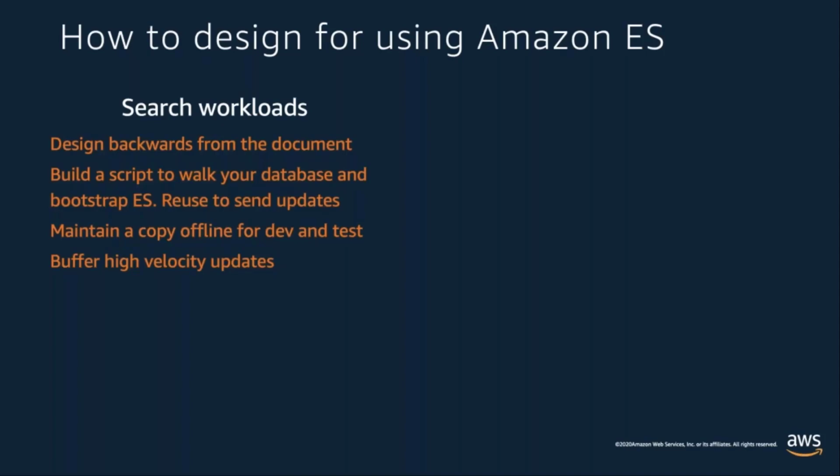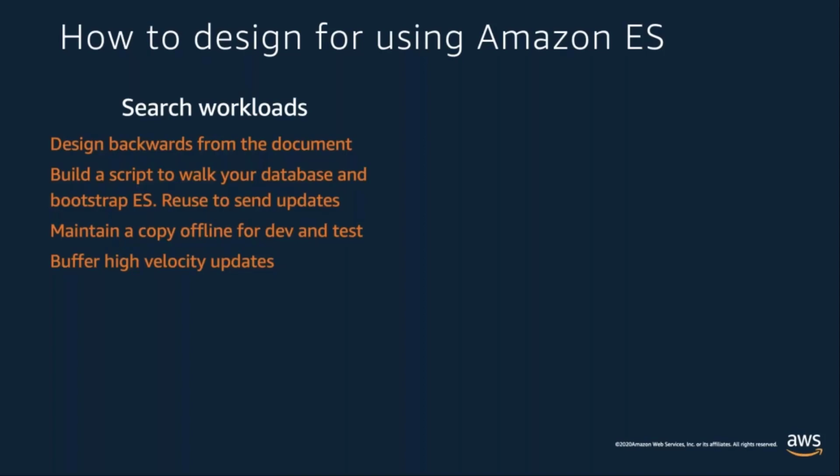That's a good script to have, because if you're doing dev and test, or QA, or you need to reload or reindex your data for any reason, having that script ready to go enables you to build out additional Elasticsearch domains, or again, reindex into the current domain.